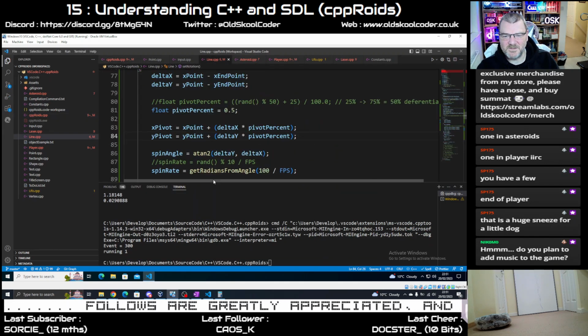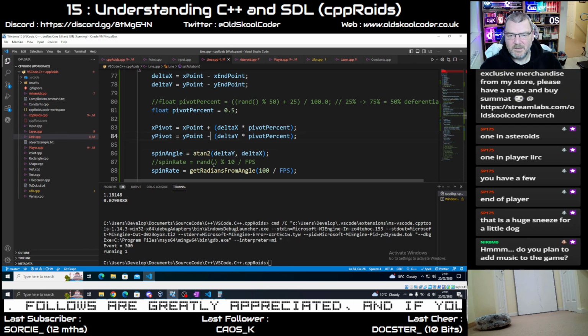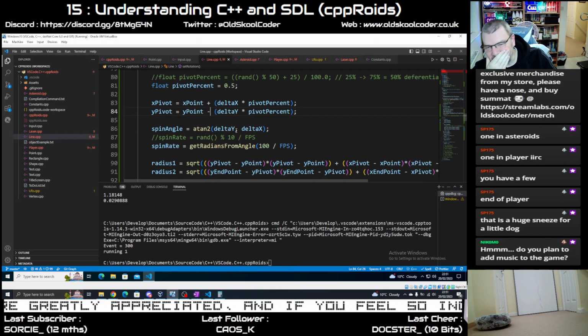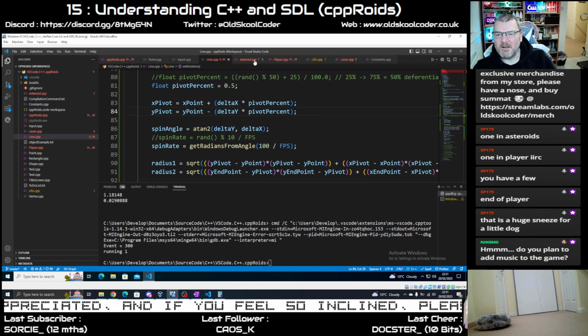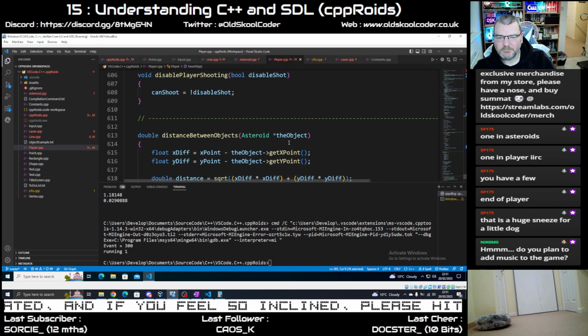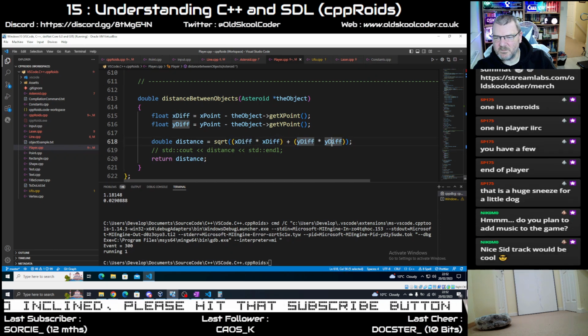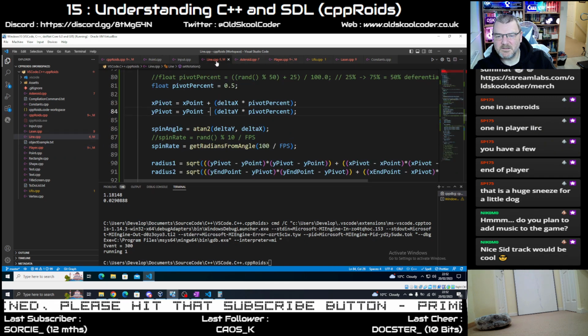We're hoping to have some sort of music in the game. What is wrong? Have I got them the right way round? The square root of the difference times the square root of the difference, square root of the difference. Right.